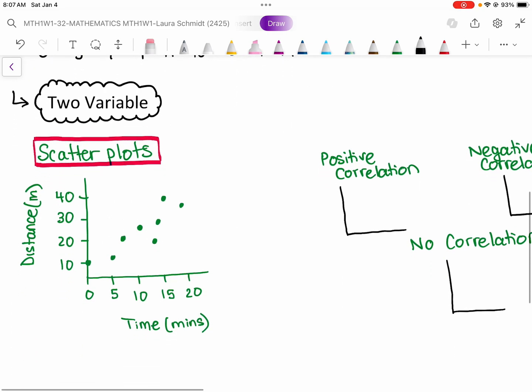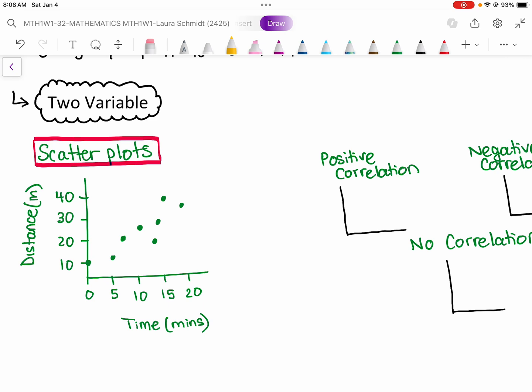2 variable data, we mostly talked about scatter plots. So an example of a scatter plot is this. We can compare 2 things. I can compare time and distance, or age and height, or money and temperature, I don't know. So you can compare 2 things at a time, and we can graph it like so.